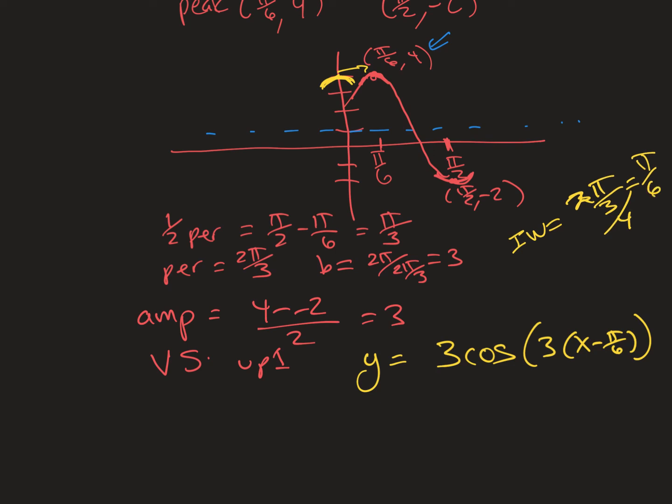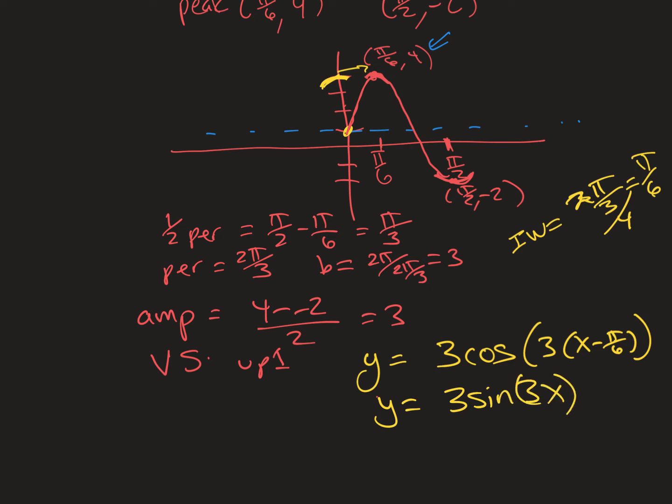Because it means that to the left of pi over 6, 4, it hits the midline at 0. So it looks like this. That is very nice, because it means I can write a sine function without having to do any sort of phase shift. So I could say y equals 3 sine 3x.